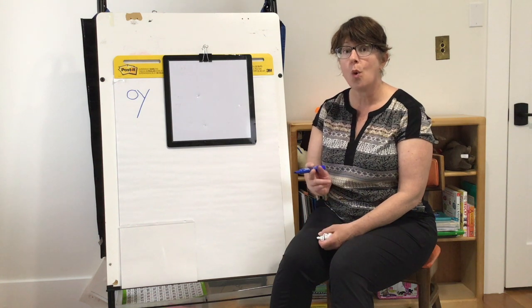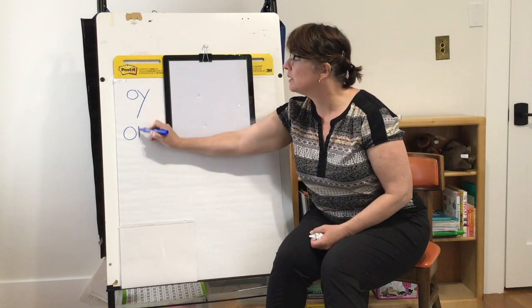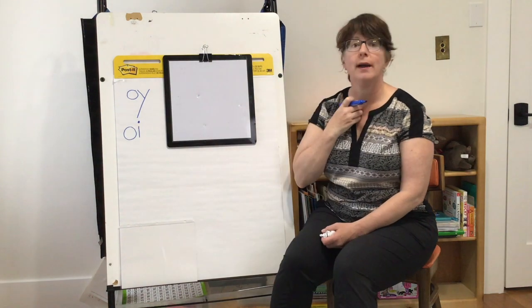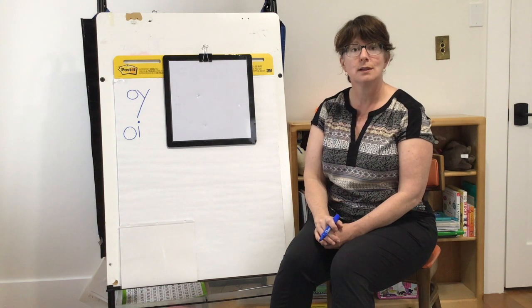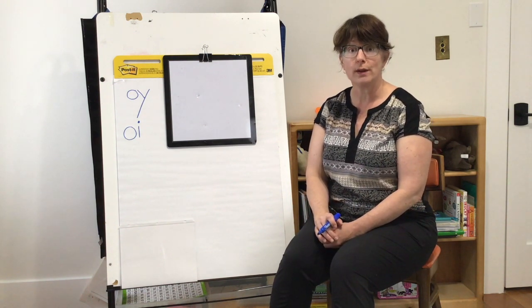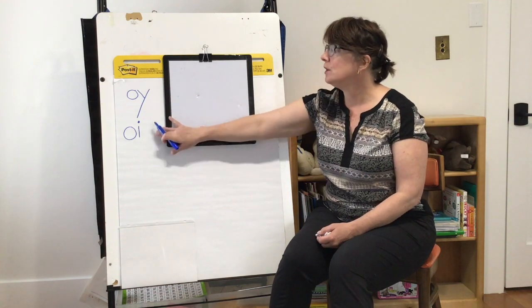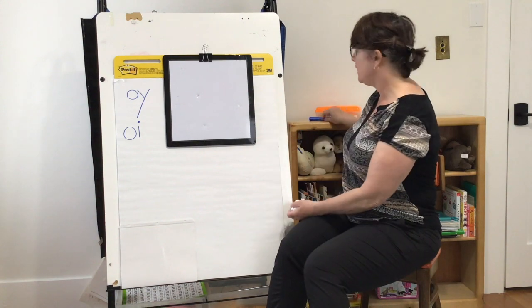When you hear oi in the middle of the word, it's spelled O-I in the middle or beginning of the word. Oi, like in coin or oil. So all of your words today are going to have this spelling pattern.